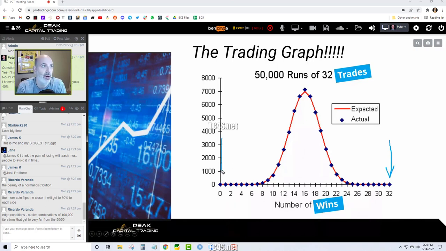You could also lose all 32 of them. It doesn't mean your strategy is broken, but I'm willing to bet if you had 32 losses in a row against your strategy, you're going to start questioning everything. Does my strategy work? Am I an idiot? Am I not made for trading? Has the market changed? Does the world hate me?